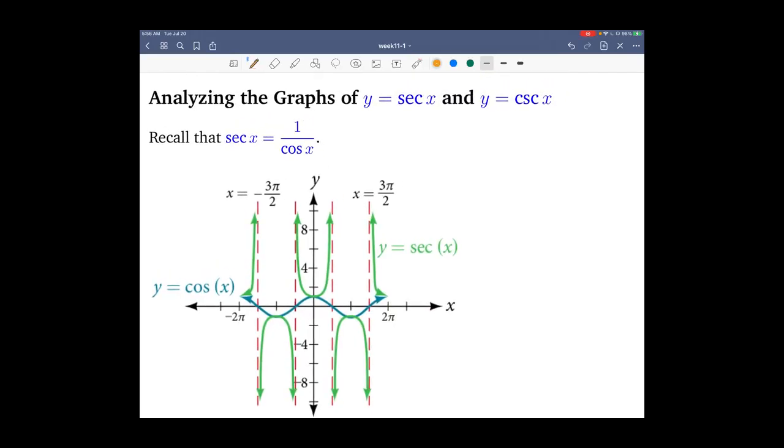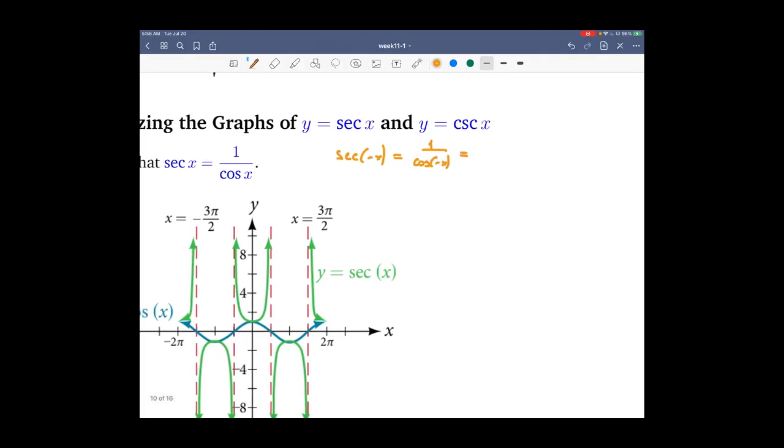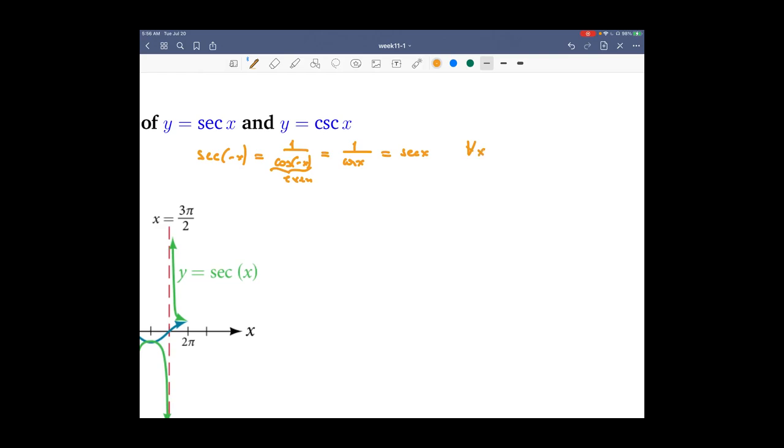And so secant will be an even function, naturally. Secant of negative x is simply 1 over cosine of negative x. And because cosine is even, that is simply 1 over cosine x, and that's secant x, for any x in the domain of secant.